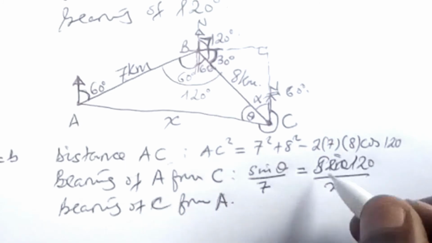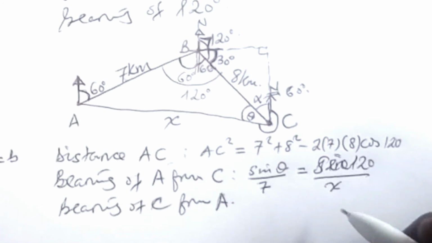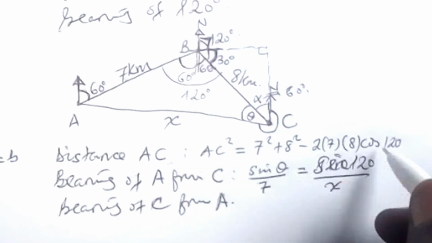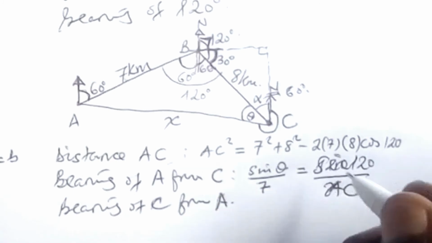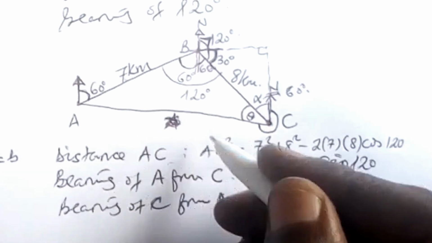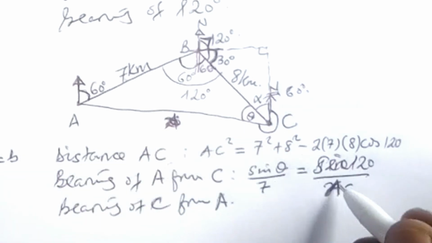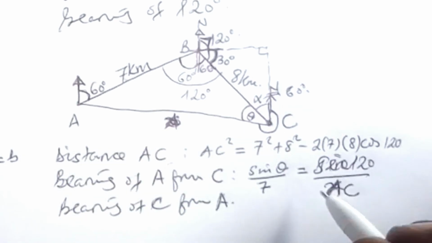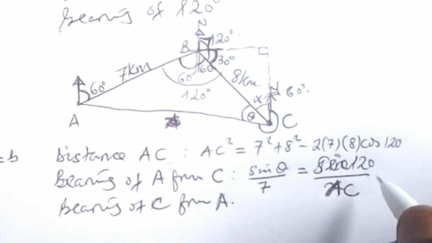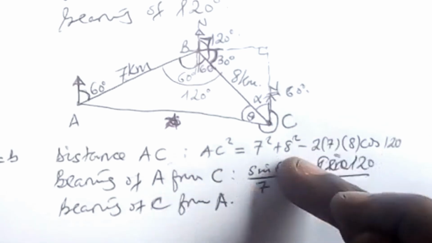When I cross multiply, I'll be able to solve for theta, x having been found up here. This is AC actually. The distance there is AC. So I cross multiply and solve for theta, and that is how I will get that angle.